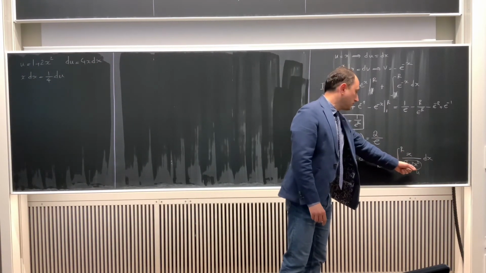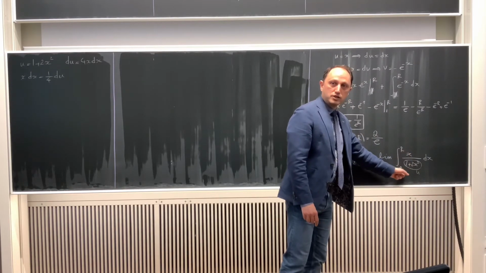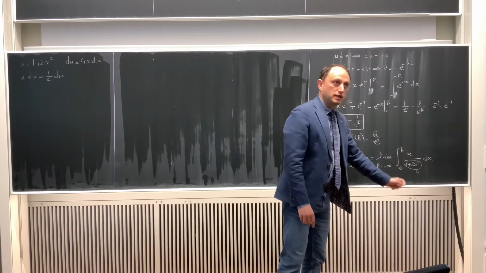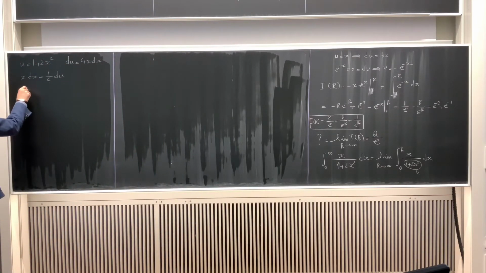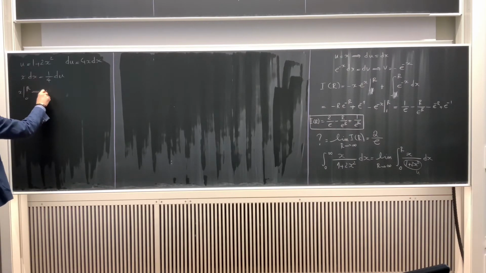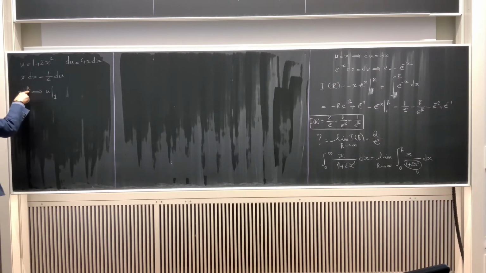When I use the substitution method, I also change the limits. So x goes from 0 to r. This implies that u goes from where to where? I put 0 instead of x, u becomes 1. I put r instead of x, u becomes 1 plus 2r squared.